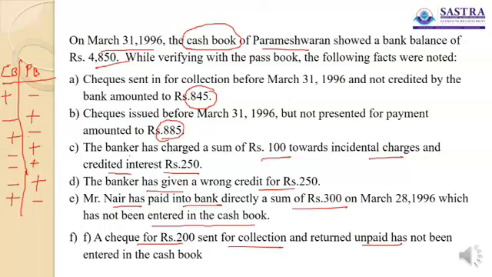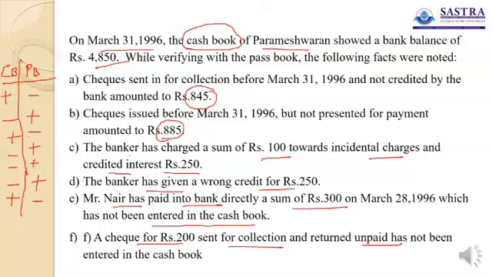So whenever you receive a check, it would be entered in the cash book bank column as a receipt, and will be deposited into the bank account later. Our bank account is credited only when the other bank, the check-issuing bank, credits or sends the payment to be credited in our bank account, then only it would be realized.